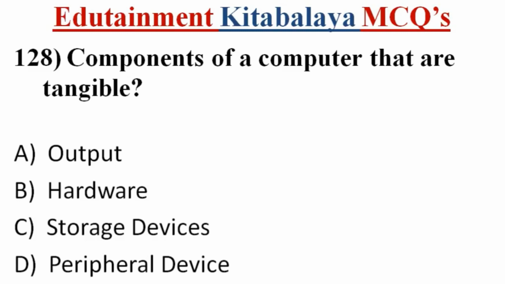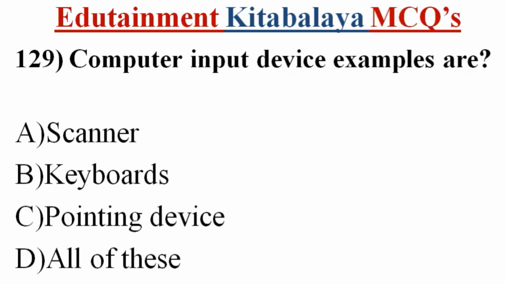Question number 128. Components of a computer that are tangible? A. Output. B. Hardware. C. Storage devices. D. Peripheral device. Correct answer is B. Hardware. Question number 129. Computer input device examples are A. Scanner. B. Keyboards.